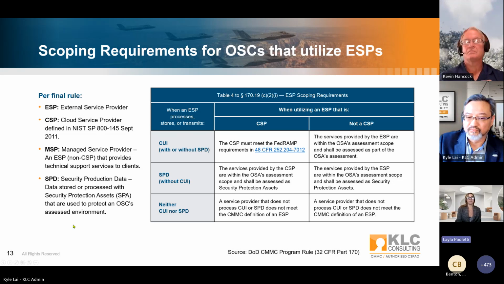And finally, if you are an external service provider that's not processing CUI or security protection data, you essentially do not meet the CMMC definition of an external service provider, and you're not categorized as security protection assets or data. Same thing, whether you're cloud or not. If you are an MSP that is not touching CUI or security protection data, then you are out of scope there.